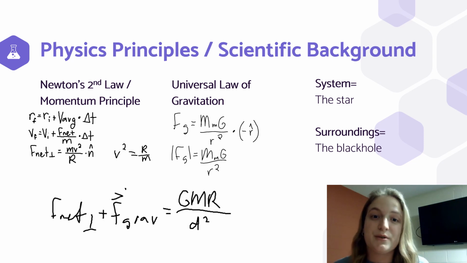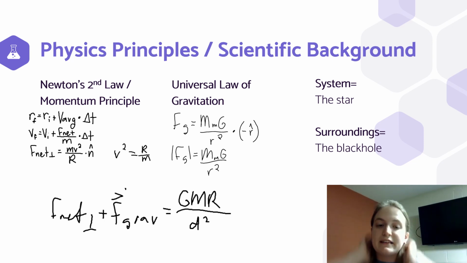And then, like I said, we're going to do a lot of manipulation of Newton's second law and the momentum principle. So first, the final position is going to be the initial position plus the average velocity times delta t, and then similarly the final velocity is equal to the initial velocity plus F net over mass times delta t, and then knowing that F net perpendicular is equal to mv squared over r, the radius, times n hat.